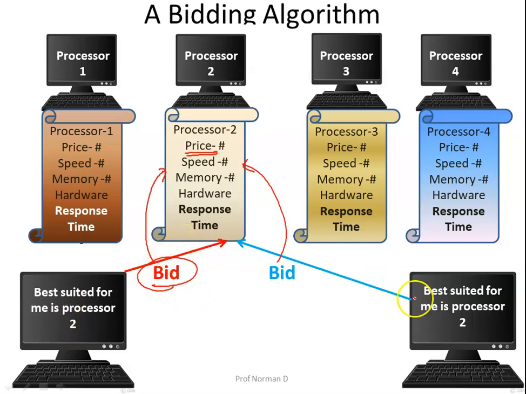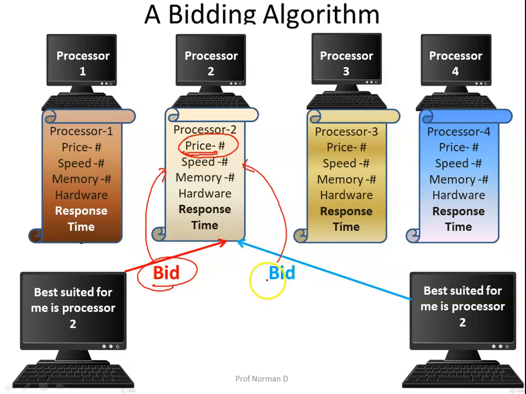So either one of the processors will win and the other will be a loser. And then the winning process will be executed on this processor. The published price of the server is then updated to reflect the new rate.